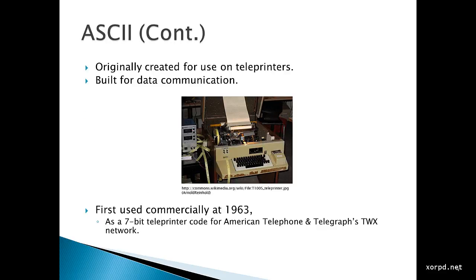It was originally created for use on teleprinters, which means that it was built for data communication. We can see in this picture a teleprinter. A teleprinter is a machine a bit more advanced than a telegraph. You don't have to remember the codes yourself. You just type text on your keyboard, and then the machine encodes this text as some numeric codes.